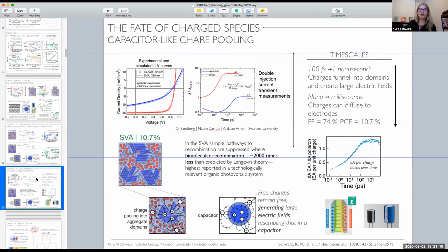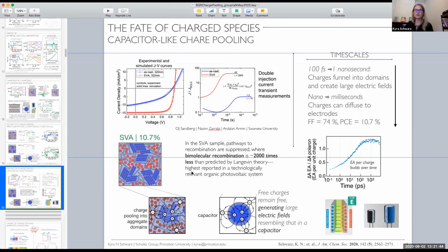Okay, so having areas of charge accumulation, high charge density in these little pockets, seems like it would be a bad thing, kind of like a trap. But we know that our device works well. We were also able to prove that bimolecular recombination was really low in these devices. In fact, using this metric known as the Langevin reduction factor, it's around 2,000 times less than would be predicted by this theory.